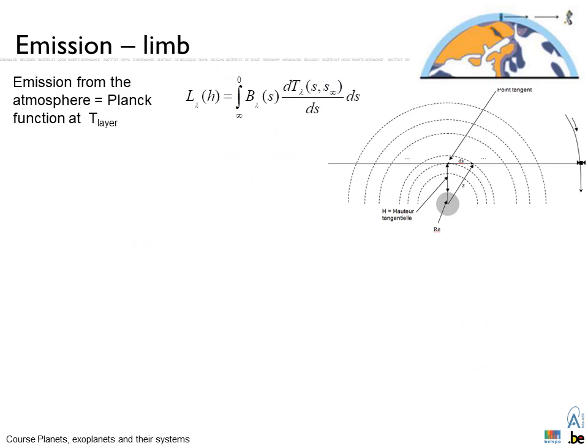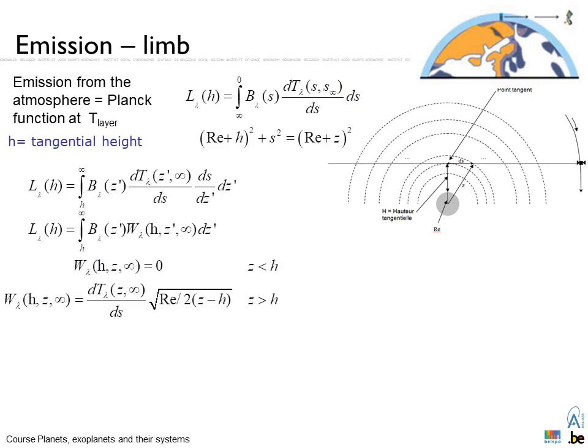The second example corresponds to limb observation during the night. In this case, there is no source term except thermal emission from the atmosphere itself, here represented by the Planck function at the different temperature of each layer in the atmosphere.